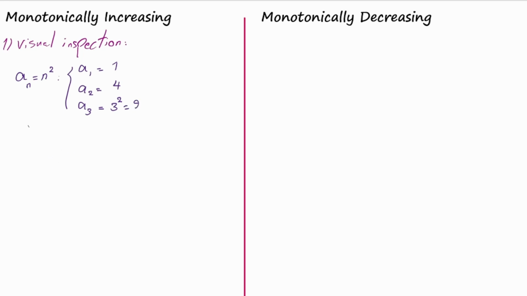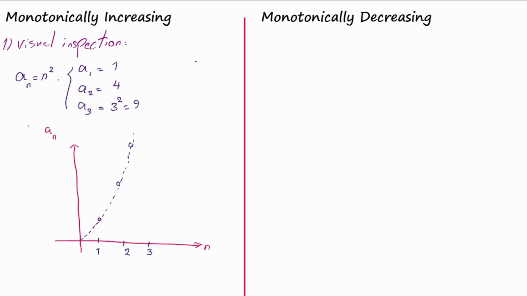If we plot this sequence in a Cartesian plane, we would expect something like this. So we can see that the sequence is monotonically increasing as n gets bigger and bigger.